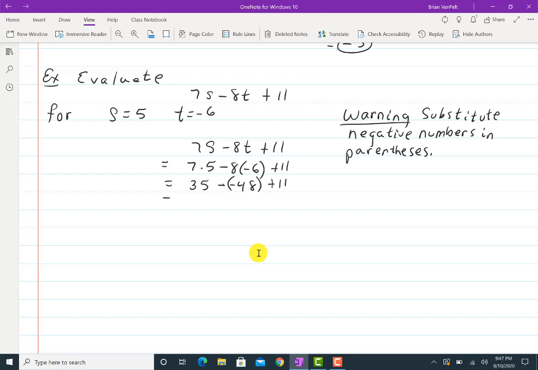And then the double negative, we talked about that already, becomes a single positive. And now I'm ready to just add straight across. If you need help, you might want to do this: 35, 48, 11. Just make sure you keep your columns in order. Let's see, I think that's 94.